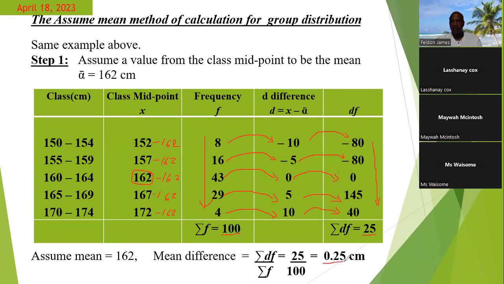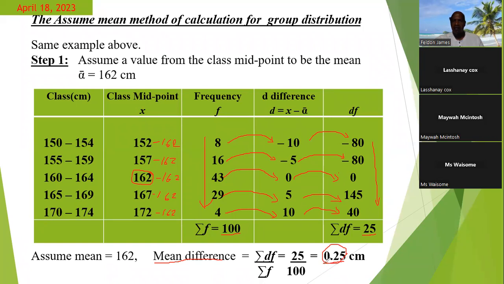You get 0.25. Now, this 0.25 is what we call the mean difference. That's the difference that you would have from the assumed mean. So if this gives you the difference of the mean, then the actual mean is found when you add this value.